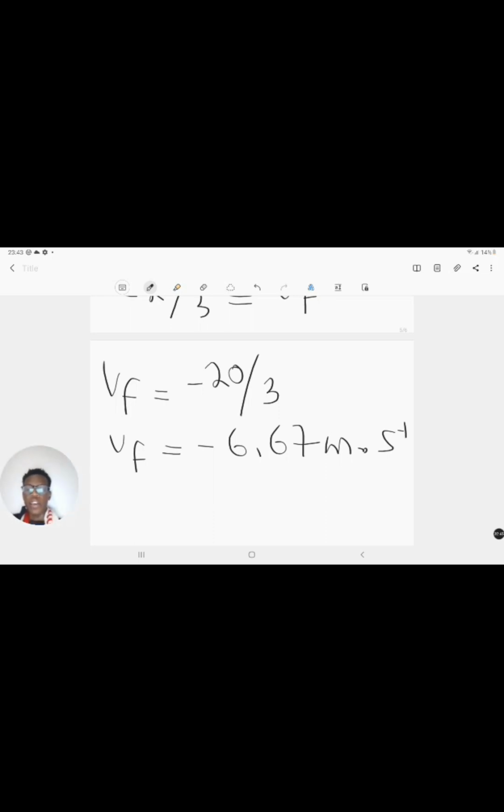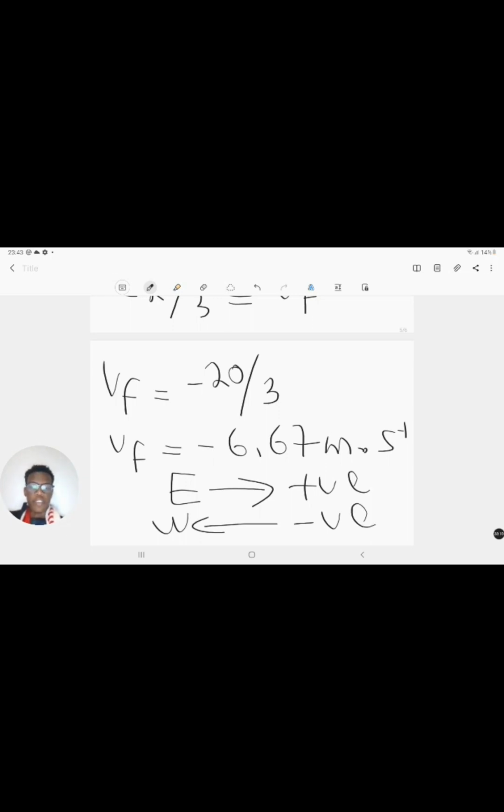It doesn't really matter. Okay, so now what does this mean? Let's interpret this answer. You can see that this answer has a negative sign on it. Since it has a negative sign, remember what our sign convention was. We said east is positive, right? So then it follows that west is negative.